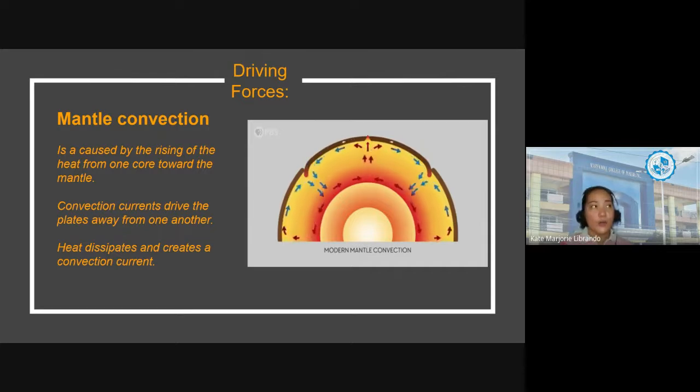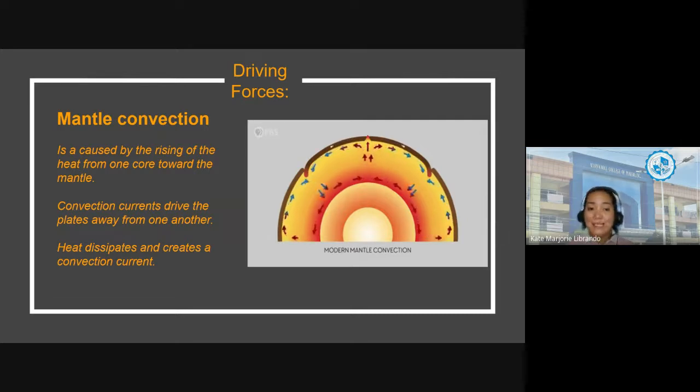Now, we all know what mantle convection is, right? Wherein the hot particles tend to go up and the cold particles tend to go down. That is convection. If that happens inside the layers of the earth, specifically in the mantle, that is why we call it mantle convection.